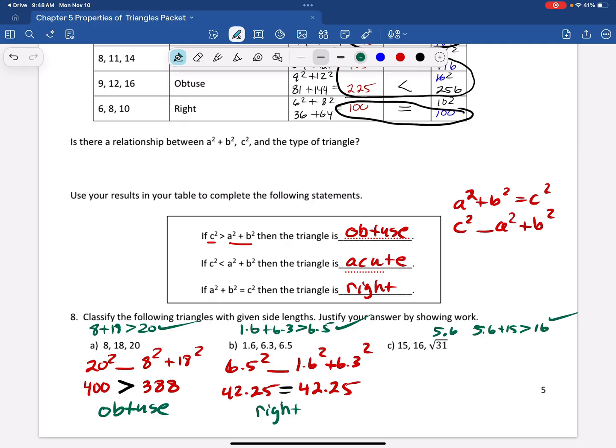We're going to take the 16, that's our biggest side, and compare it to the square root of 31 squared plus 15 squared. 16 squared is 256, and the square root of 31 squared plus 15 squared is 256. So we have another right triangle.